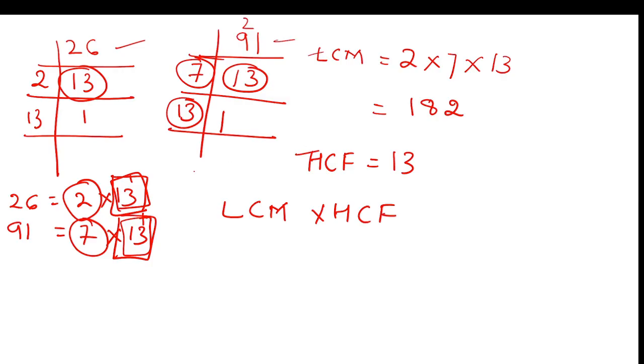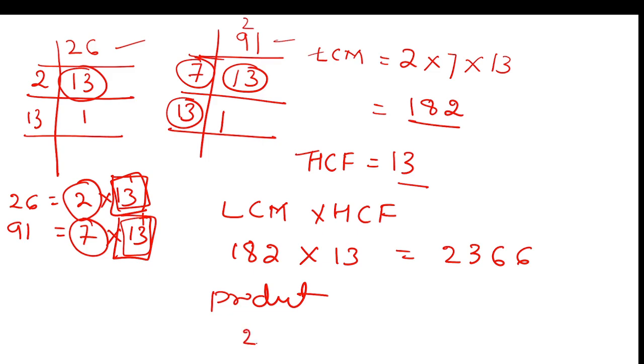What is the value of LCM? 182. 182 into HCF, which is 13. 182 into 13, if you calculate this, it will give you 2366.